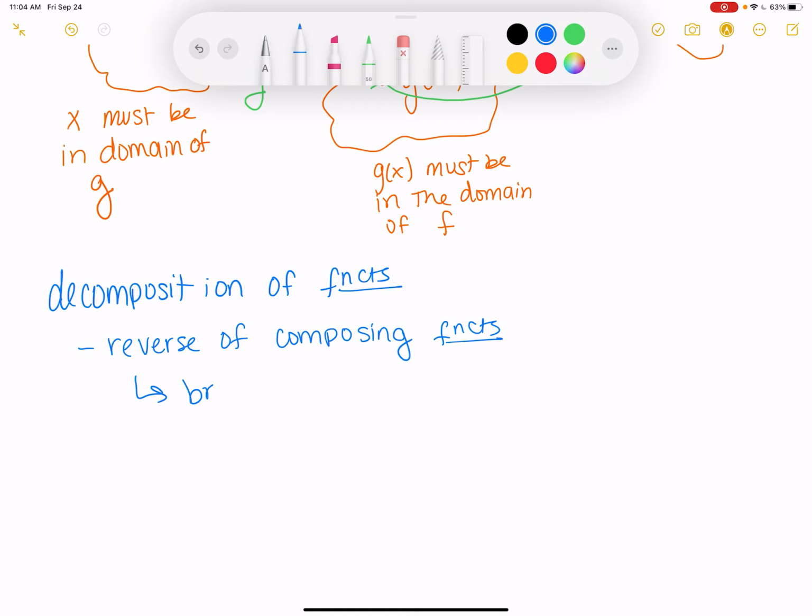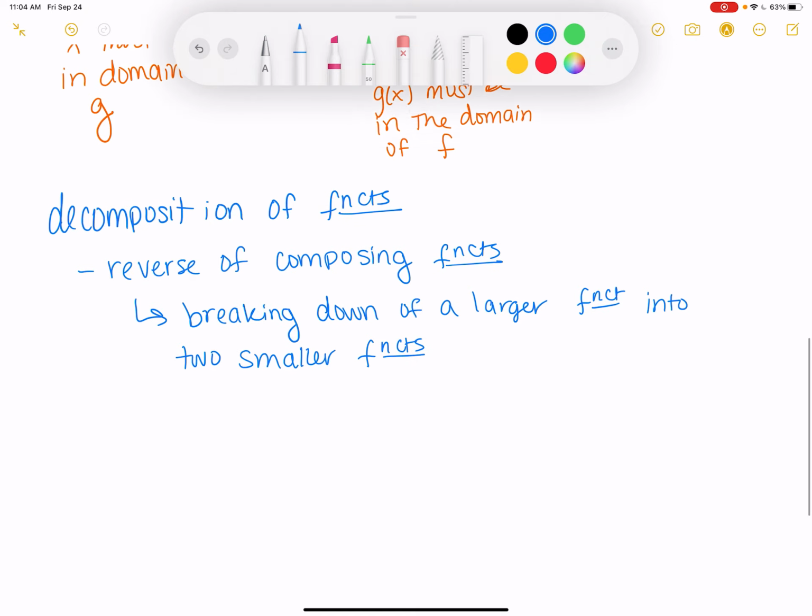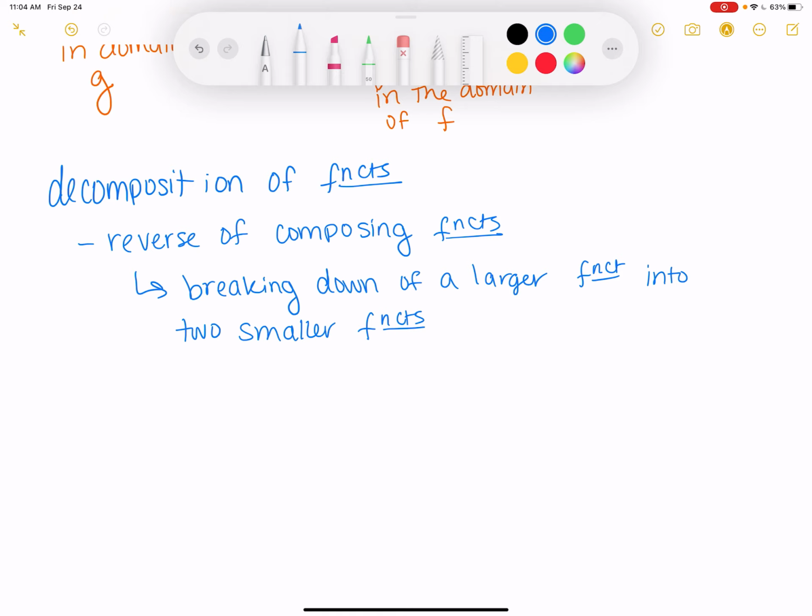So it's the breaking down of a larger function into two smaller functions. So you'd be given something like f of g of x, and you would need to figure out what g of x is that is in f of x.